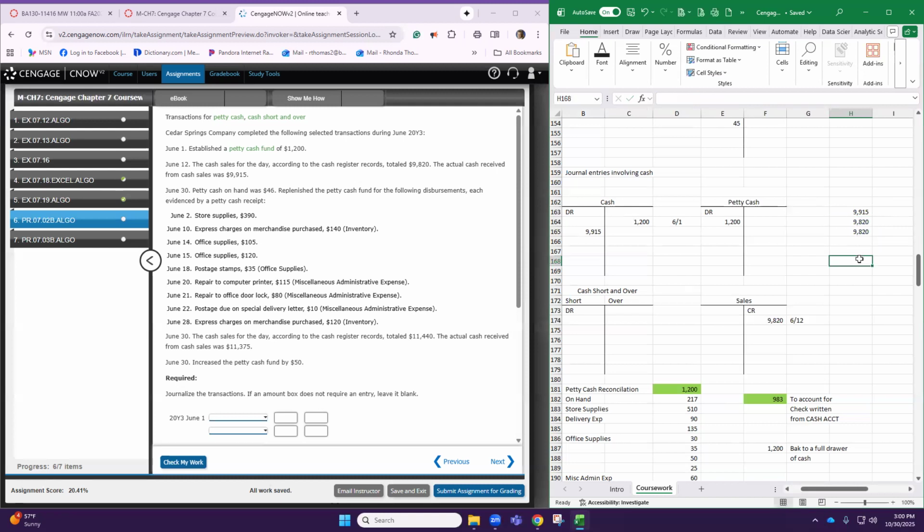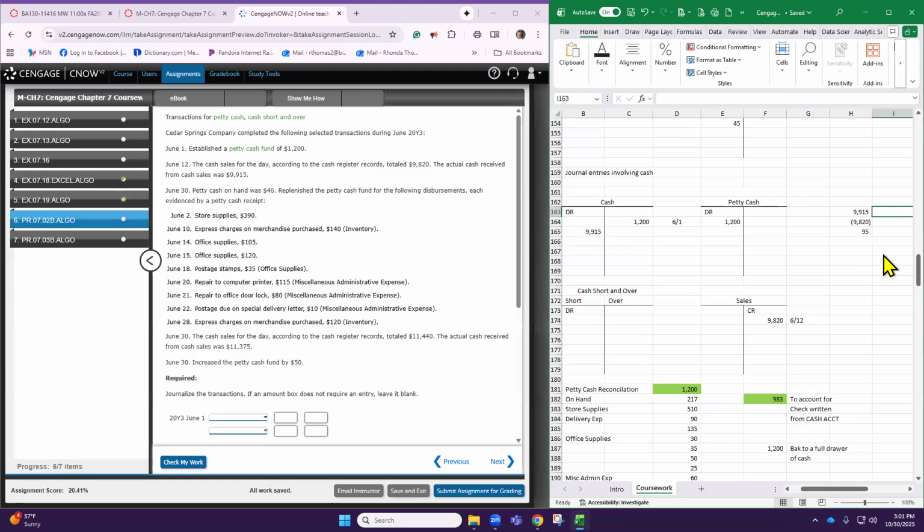So we need to put the cash register here. Okay. Oop, hang on a minute. So now let me sum these two. So $95. And if it's a positive number, that means that the drawer is long.